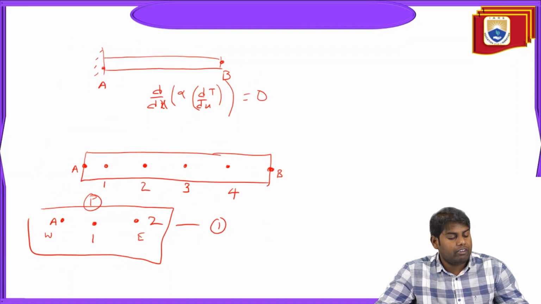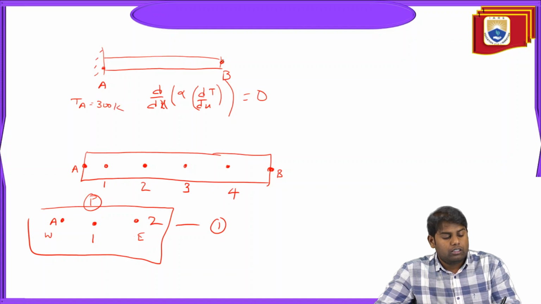So we apply the boundary conditions. What is the value of temperature at A? Let us take it as 300 Kelvin. T at B, let us take it as 400 Kelvin.